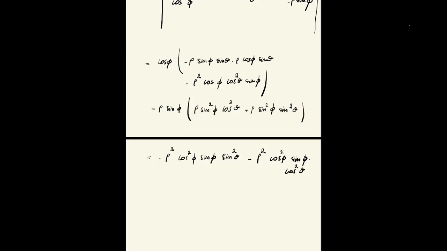And then again, there will be another cancellation, which is this one with this one, because it's the same number here, which is minus rho sine.